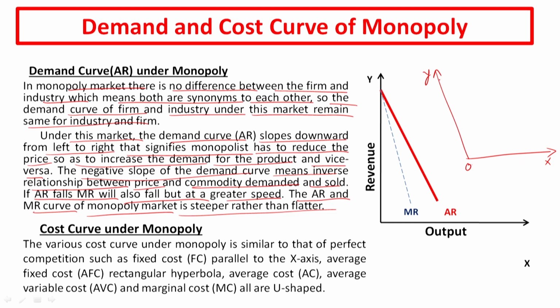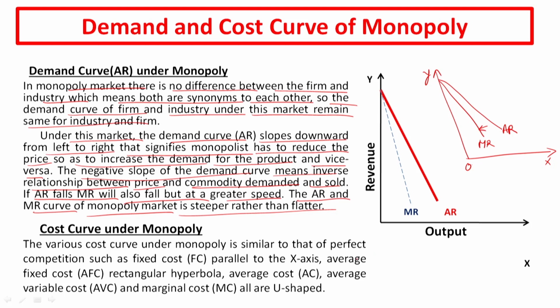In order to increase the output, you need to lower down your price, and that is why your AR slopes downward. If AR slopes downward, MR will also slope downward, but at a greater speed. That is why MR is below the AR.